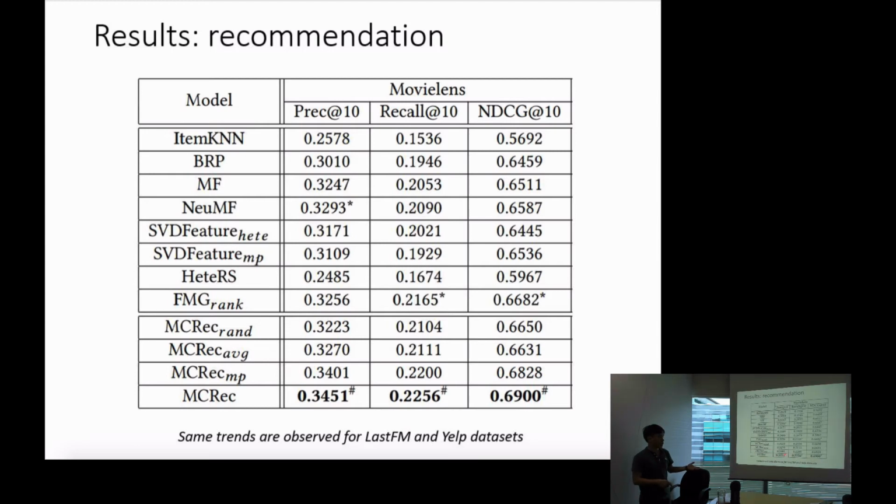The star here indicates the t-test significance with p-value 0.01 over the best baseline. The same trends are observed for the Last.fm and Yelp datasets. So here I only show 1 table. We have another 2 tables for the Last.fm and Yelp datasets.